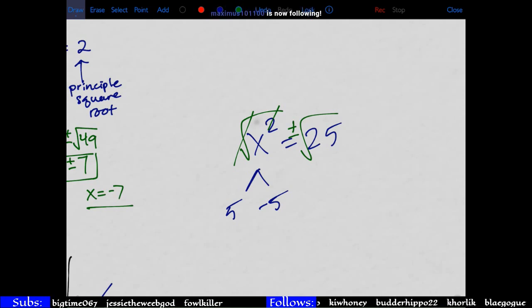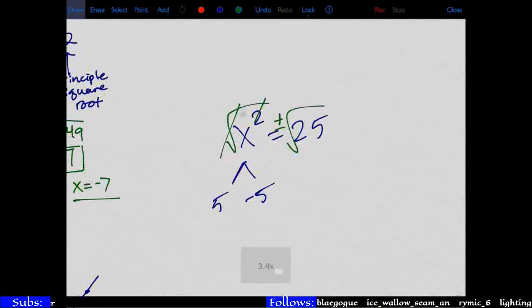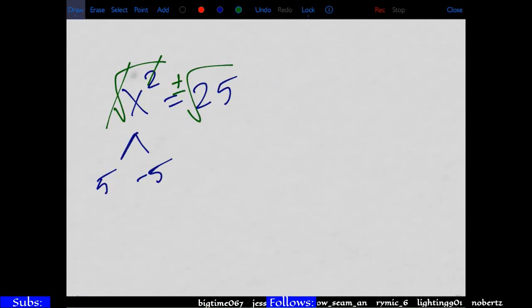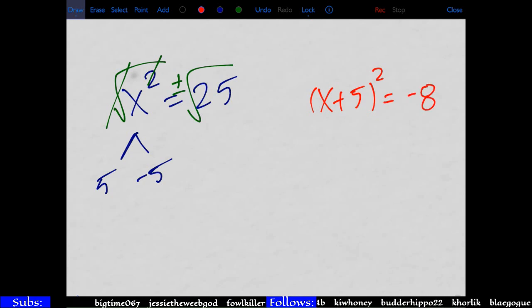Now that problem, specifically for the homework, was actually x plus a number. We'll do a different one than the homework. It was like x plus 5 squared equals, say, -8.